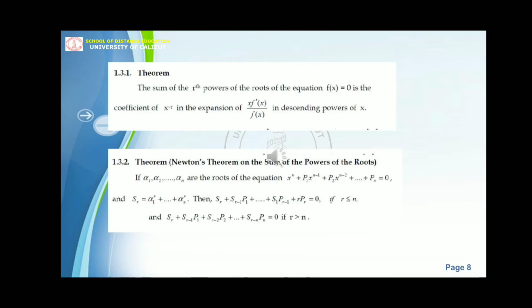This theorem states that if alpha 1, alpha 2, up to alpha n are the roots of the polynomial equation x^n + p1 x^(n-1) + p2 x^(n-2) + ... + pn = 0, and S_r is the sum of the rth powers of the roots, that is alpha 1^r + alpha 2^r + ... + alpha n^r, then S_r + S_(r-1) p1 + ... + S1 p_(r-1) + r p_r = 0 if r is less than or equal to n, and S_r + S_(r-1) p1 + S_(r-2) p2 + ... + S_(r-n) pn = 0 if r is greater than n.